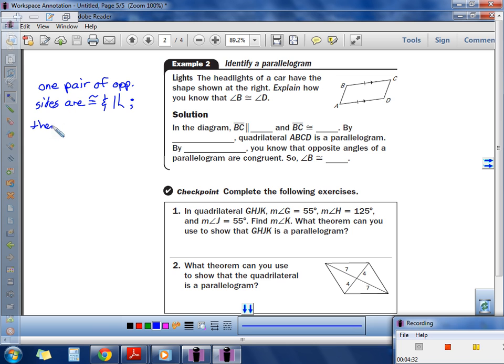Therefore, the shape is a what? The shape's a parallelogram. And here's the symbol for parallelogram, if you want to shorthand it. We know opposite angles are always congruent in a parallelogram.